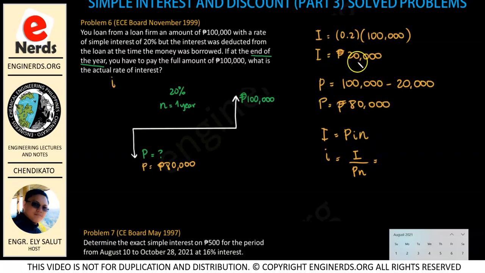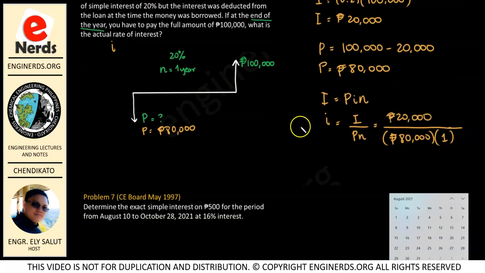Our I is equal to 20,000 pesos divided by our principal, which is 80,000 pesos, and divided by our N, which is 1.